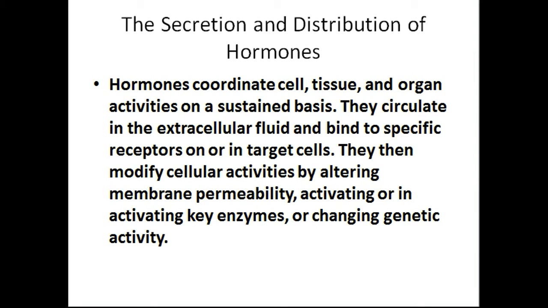Hormones coordinate cell, tissue, and organ activities on a sustained basis. They circulate in the extracellular fluid and bind to specific receptors on or in target cells. They then modify cellular activities by altering membrane permeability, activating or inactivating key enzymes, or changing genetic activity.